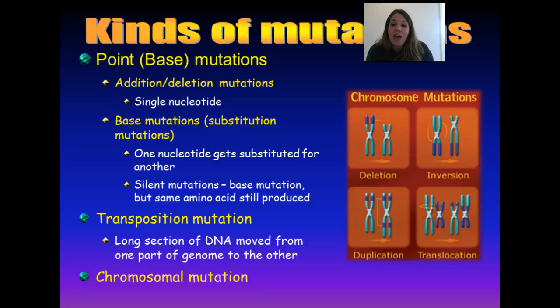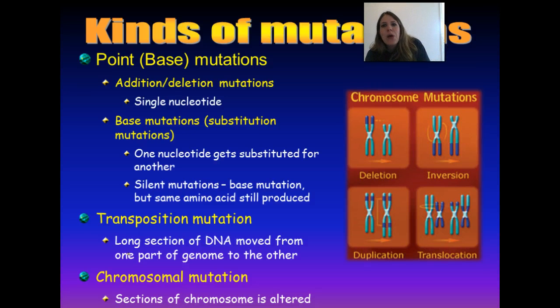And then you can have mutations where the whole chromosome mutates. You get maybe a piece of the chromosome breaking off and inserting somewhere else, or the chromosome duplicates itself, or all sorts of things can happen. So here's an example of some chromosomal mutations. This is called a deletion chromosome mutation, not to be confused with deletion point mutations.